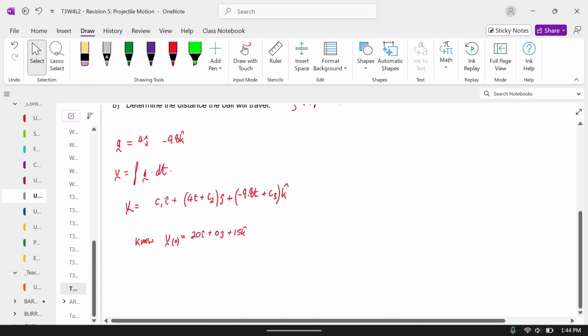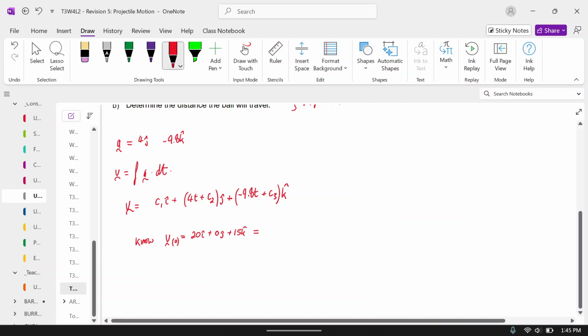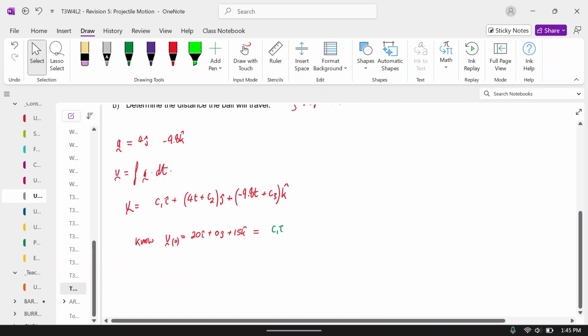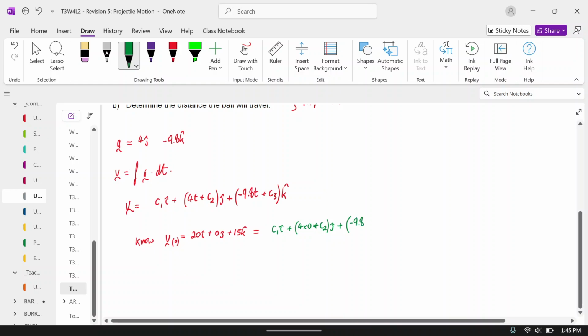So how I'm going to solve for this in this case, I also know that my initial velocity is going to be equal to, anywhere that I see a t, I'm going to sub in 0 now. So my i component still just has that c1. There's no t there. My j component, I'm going to sub in that t, and then my k component I'm going to sub in that t as well.